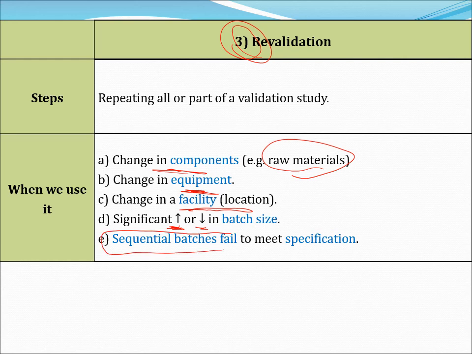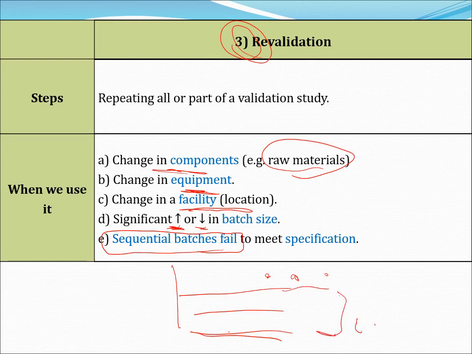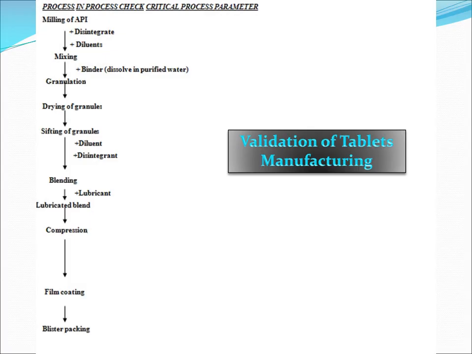Or if there is a sequential batch failure, and last lecture we were talking about the quality control chart: if you have several batches after each other with a sample average outside the limits, between the upper control limit and lower control limit, having assignable causes of variation, here you need to make a revalidation. Repeat the whole work of validation to investigate and pinpoint the problem in the production.